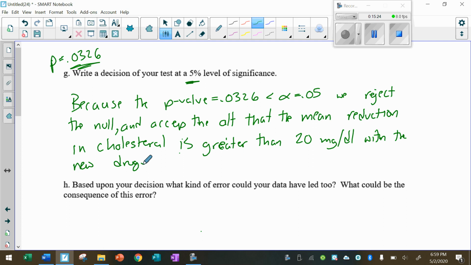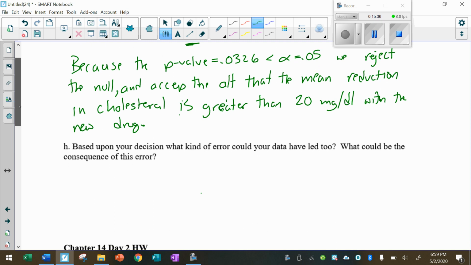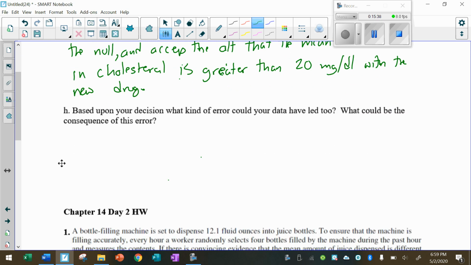Now, the last thing I want to tie into what we did last week: based upon your decision, what kind of error could your data have led you to? When you reject the null, you're basically going to fall into one of two categories.